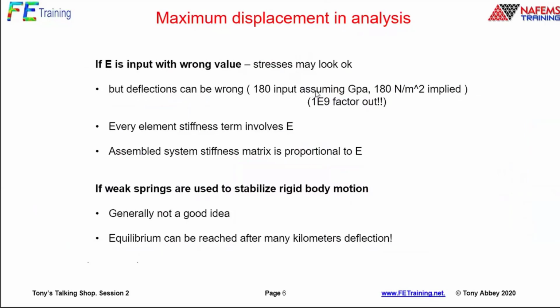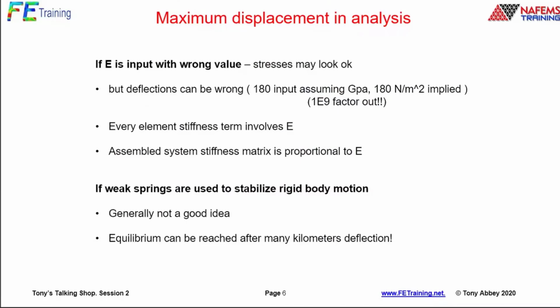So why could that occur? Well, in my modeling, I've seen huge numbers. I've seen kilometers, thousands of miles of deflection and so on. A lot of you will have seen the same kind of thing. So there's two little examples here. If I put Young's modulus in with the wrong value, and it's a linear structure, even if it's indeterminate, then the stresses are going to look okay because the stresses are essentially looking at relative displacements.